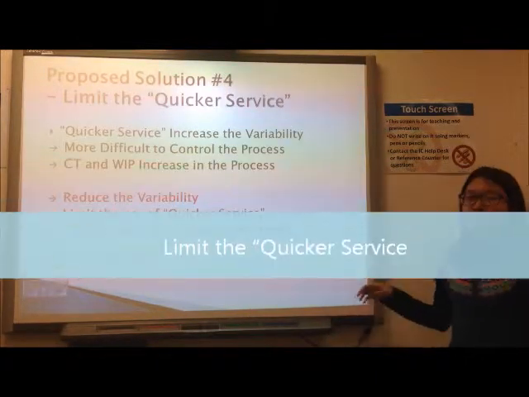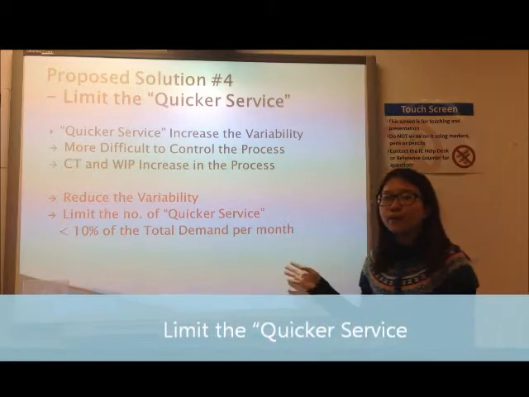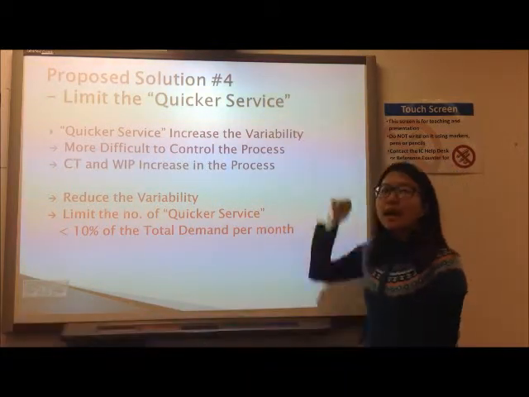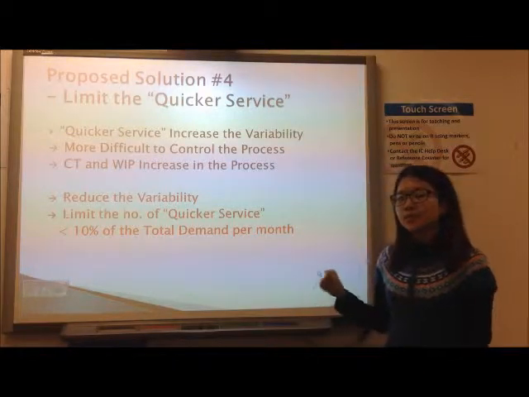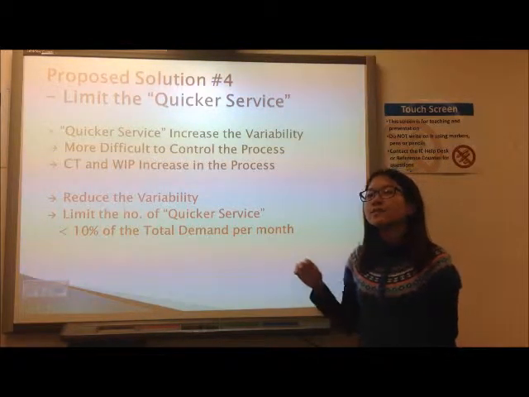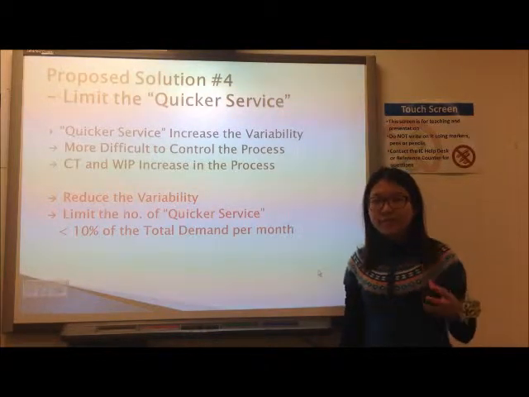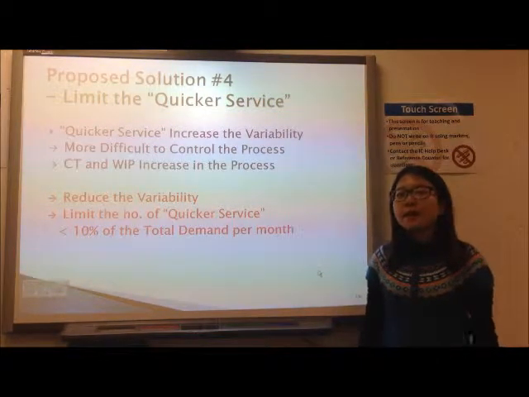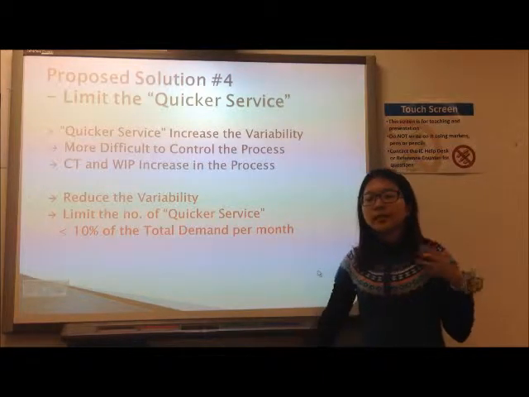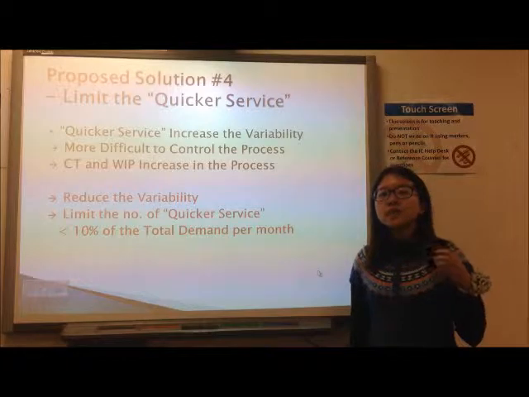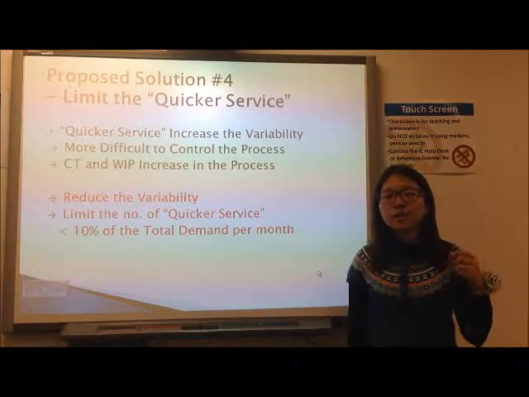And last but not least, here is our fourth solution, which is to limit the quicker service. As we mentioned, the company has 2 services, the quicker service and the normal service. Although the quicker service is more profitable than the normal service, the quicker service has the priority to skip the queue and do the service.